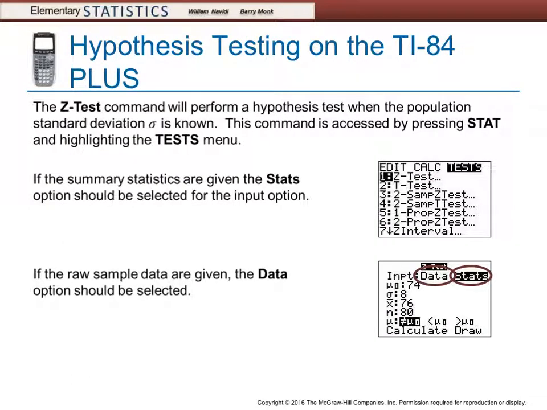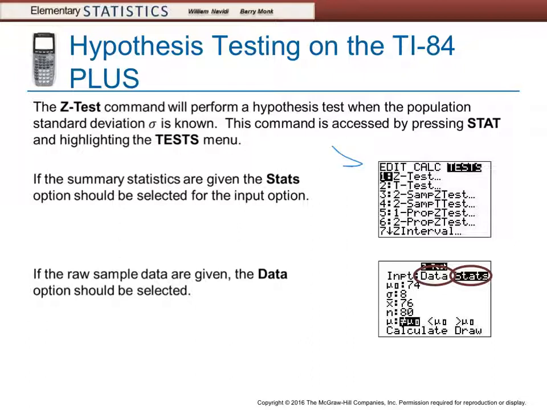So we're going to use technology to find most of our z-tests and p-values. The z-test command will perform a hypothesis test when the population standard deviation sigma is known. This command is accessed by pressing the stats key and highlighting the test menu.